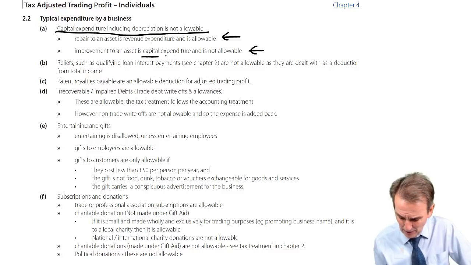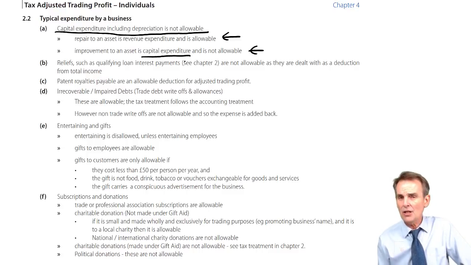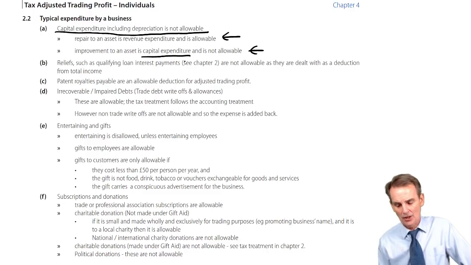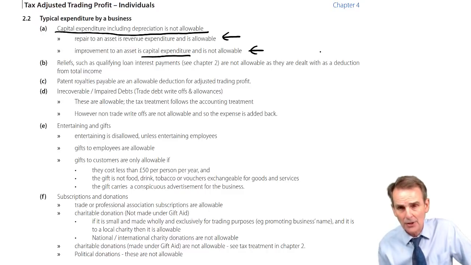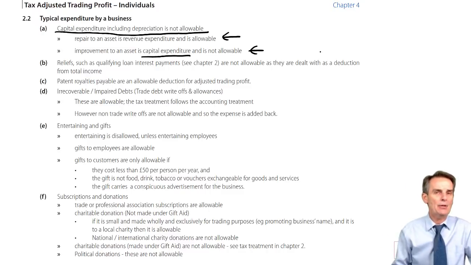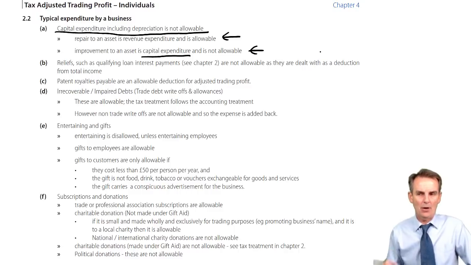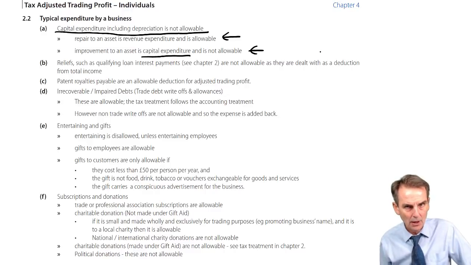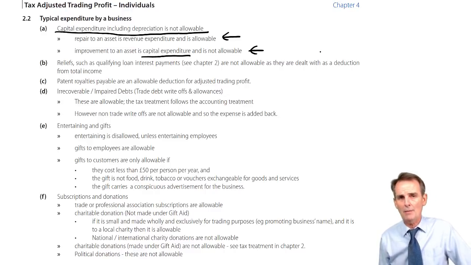If it's capital expenditure and it is on qualifying plant and machinery, then although we'll add it back as a non-allowable expense here in the adjustment of profit, it'll be compensated for by getting capital allowances thereon. But I'll remind you of this in chapter 5. Just because expenditure is classified as capital does not mean that you automatically get capital allowances.